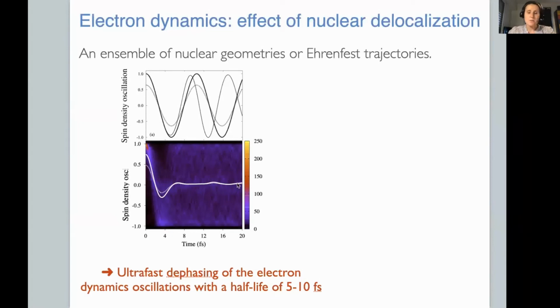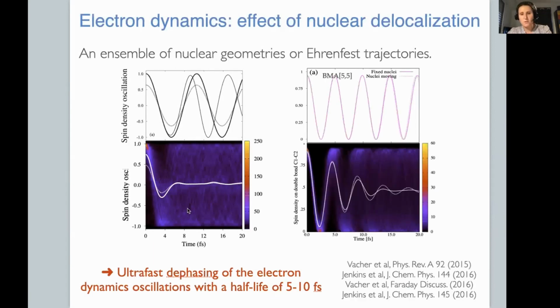And depending on the molecules, we've looked at several of them, this dephasing half-life occurs from about 5 here to 10 femtoseconds. I think BMA may be the one we observed for which we had the longest dephasing or coherence half-life, with about 10 femtoseconds half-life. So it's a very important effect, and it's therefore very important to understand it.